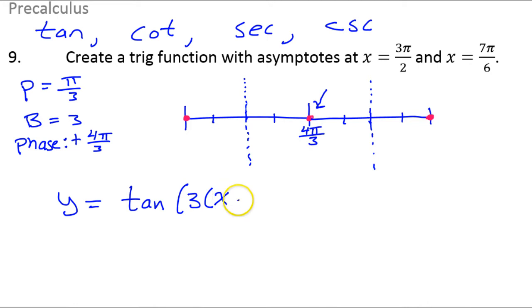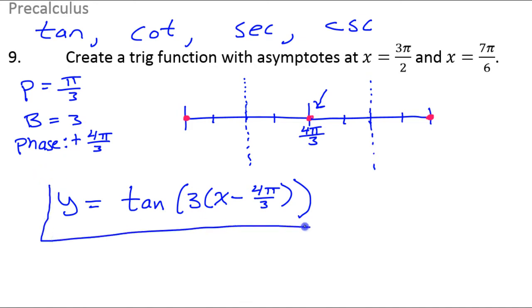The phase shift is positive, so in the equation I have to put minus. And then here comes the phase shift, 4 pi over 3. Okay, and then close it up. We don't have to worry about an a value or a k value. We could just keep it right on the line. So this would be one answer to problem number 9 if we wanted to do the tangent function.